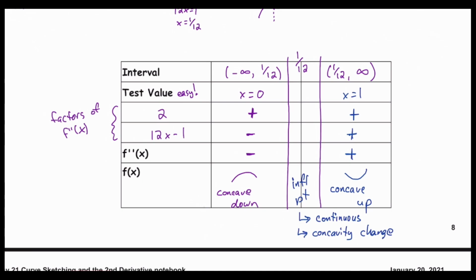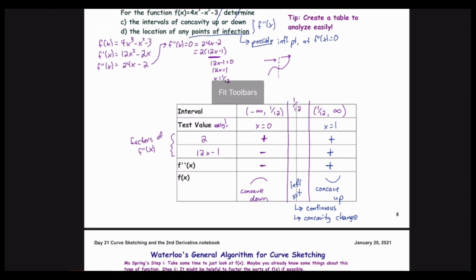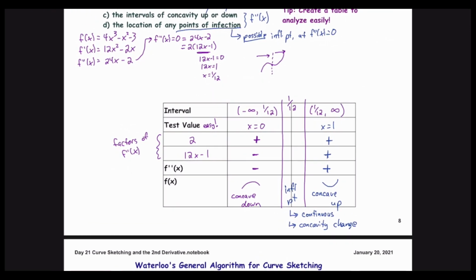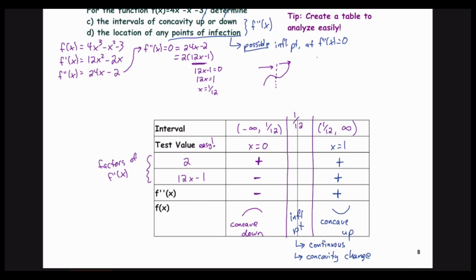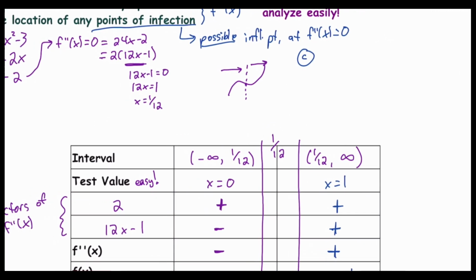So let's make sure we've answered our questions here. So we were asked to indicate the intervals of concavity up or down and the location of any inflection points. So let's answer. Our answer to C is that, therefore, f of x is concave down at negative infinity to 1 over 12.